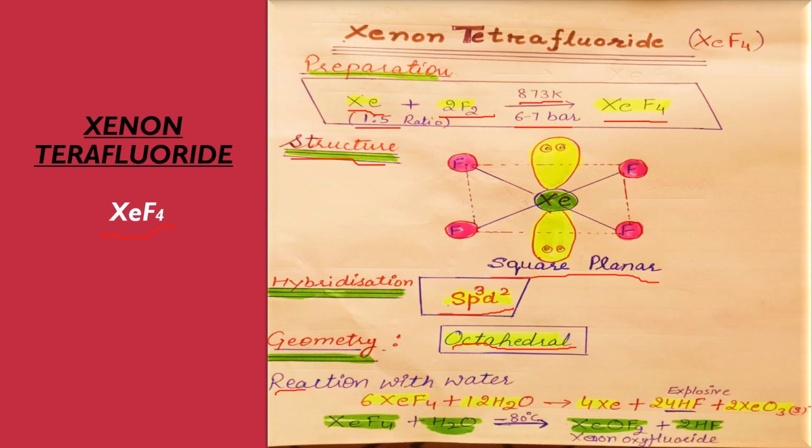Reaction with water. Xenon tetrafluoride reacts with water to give a highly explosive compound, xenon trioxide, but if the reaction is controlled at minus 80 degrees centigrade, it gives xenon oxyfluoride.